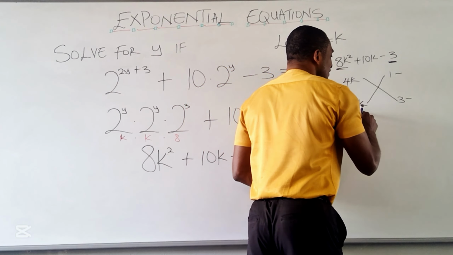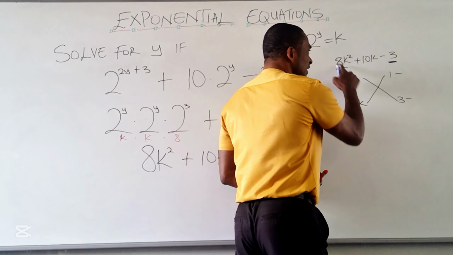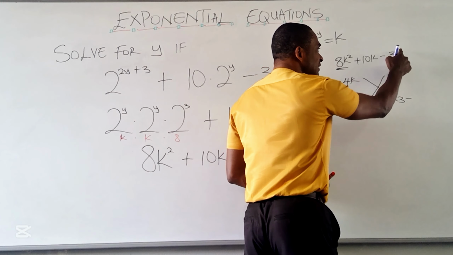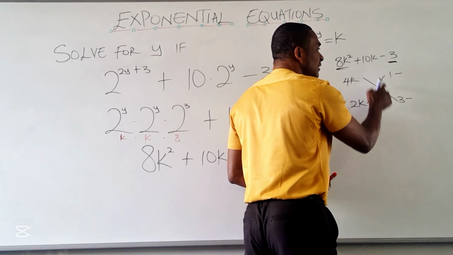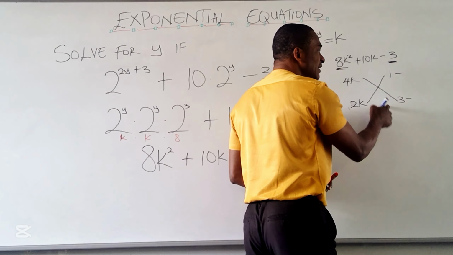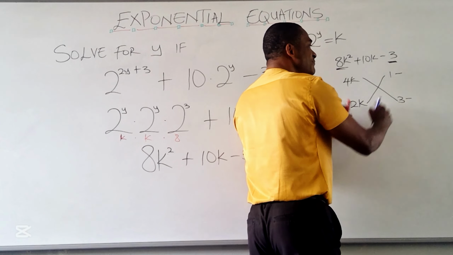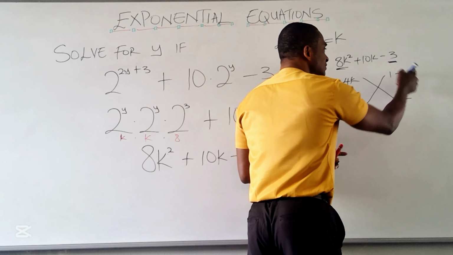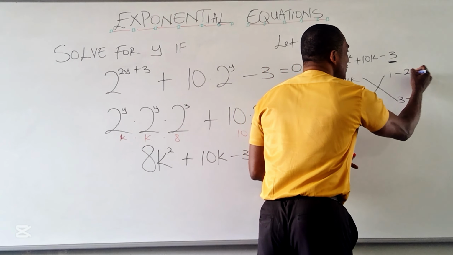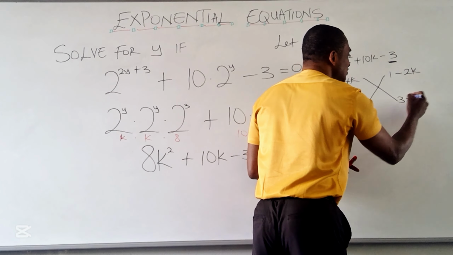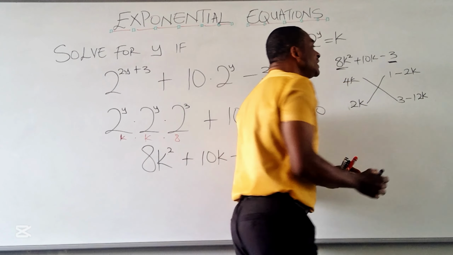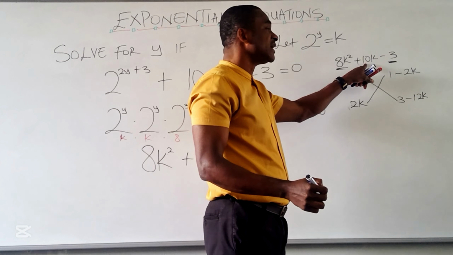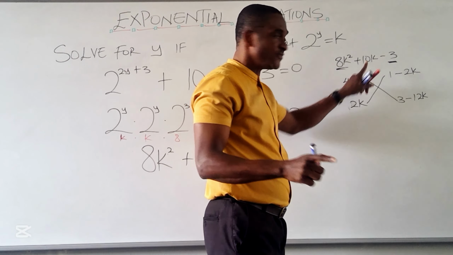We focus on the first and last, but their sum must give us the middle term. So here, 4 times 2 is 8k squared, 3 times 1 is 3. We have to be very careful about where we're going to place the minus, whether here or here, depending on our sum. So we have 2k here, 4k times 3 is 12k. What is our goal? We want to achieve 10k, which is positive.